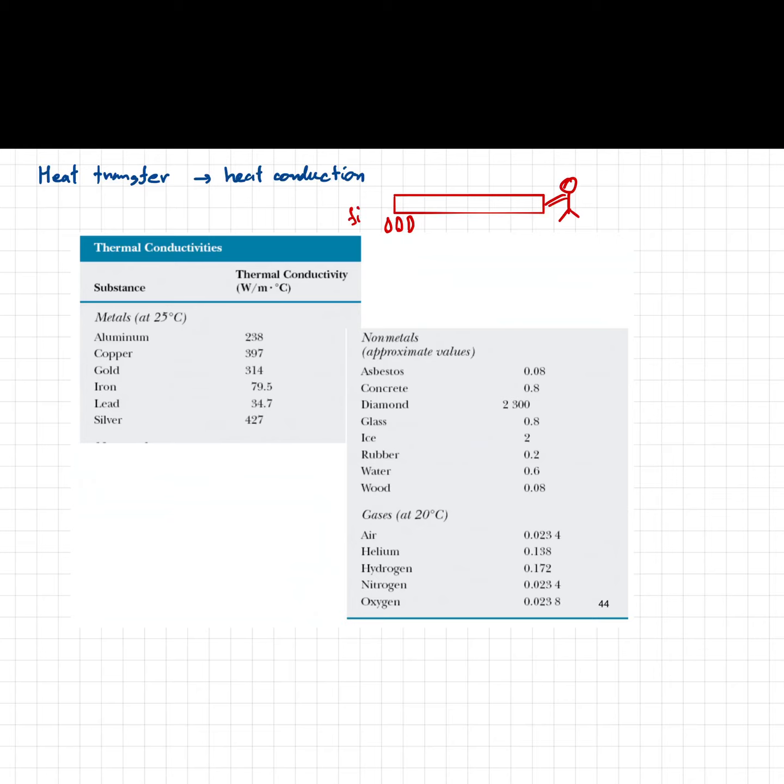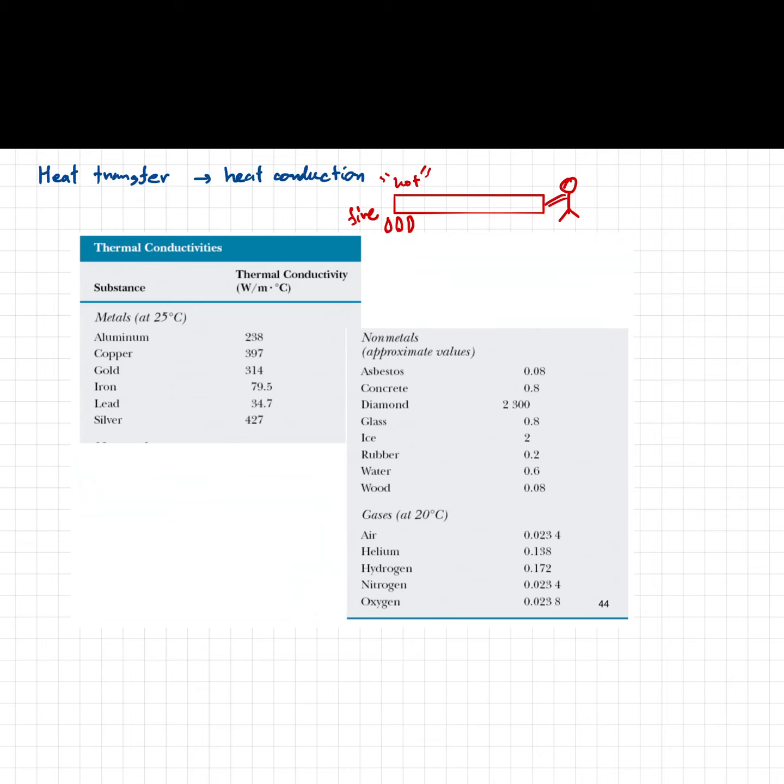So this is fire, okay? And well, you probably know what's gonna happen eventually is that the left-hand side will get hot, right? And then eventually you're gonna feel yourself on the right-hand side, which is far away from the heat source, gonna get gradually hotter and hotter also.